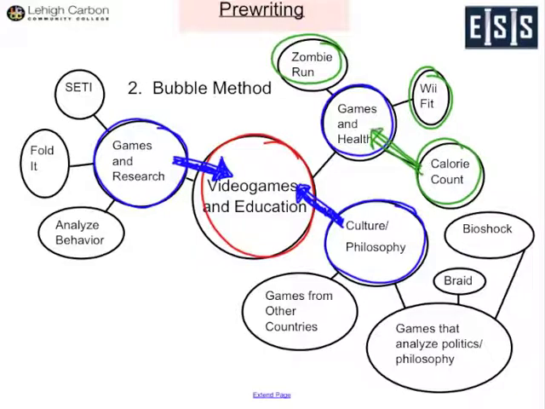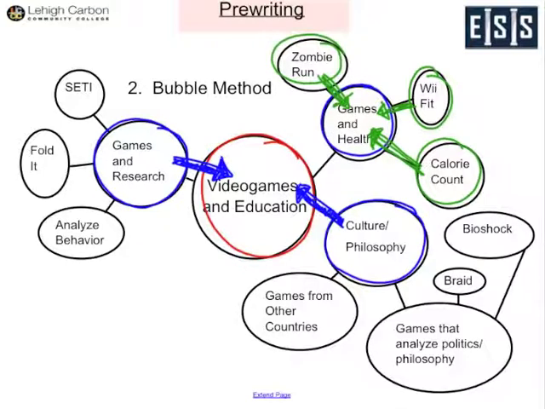So if we've got these ideas here, Wii Fit, calorie counting, the game Zombie Run, all of these refer back to games and health. So, Wii Fit is a game used for exercise. Zombie Run, same thing.